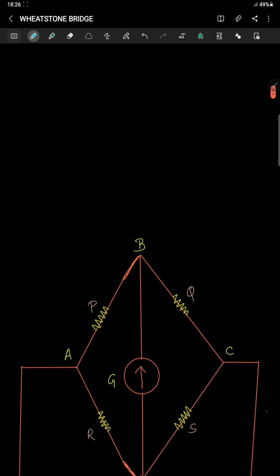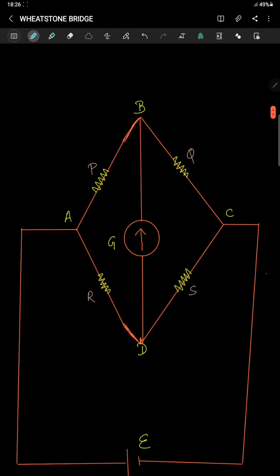Okay, so let me show you the diagram. Here these are the four resistors which are arranged at the four arms, and here we have the galvanometer. So if we need to calculate the value of S, then the resistance R has to be adjusted so that the galvanometer here will show no deflection.